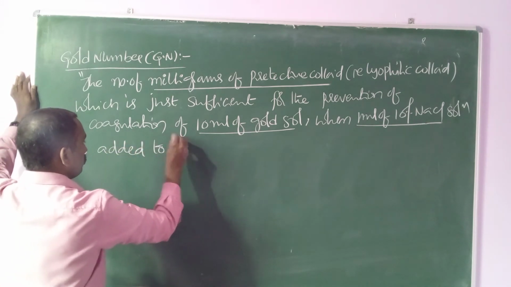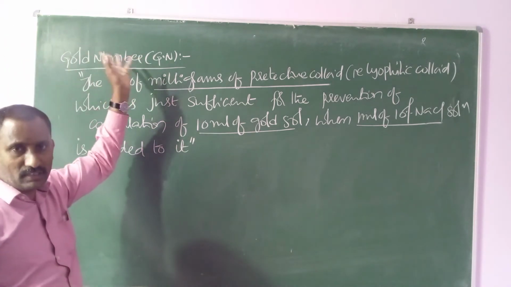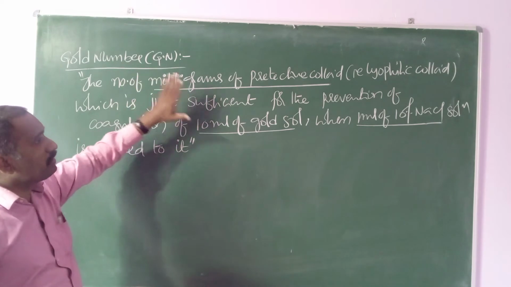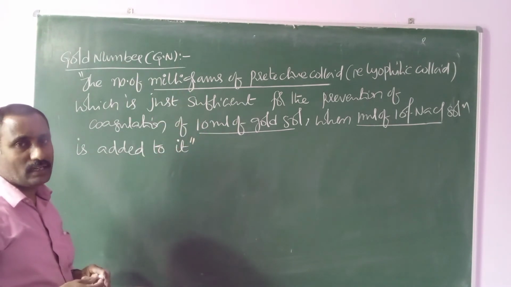So this is the definition. Anyhow, in PUC it is not there, so there is no need to memorize the definition by heart. These values you should remember, as they are useful for numerical problems.